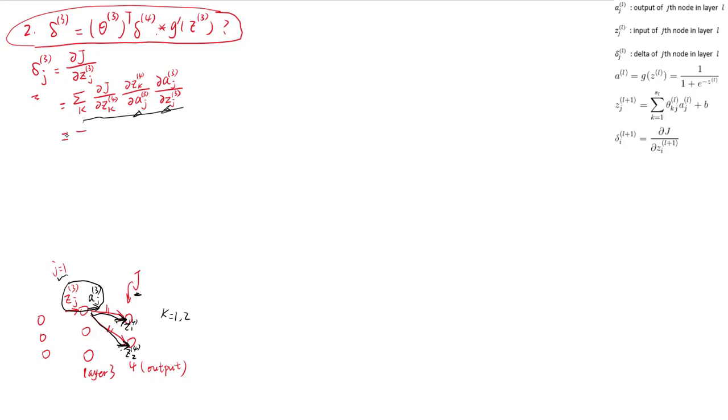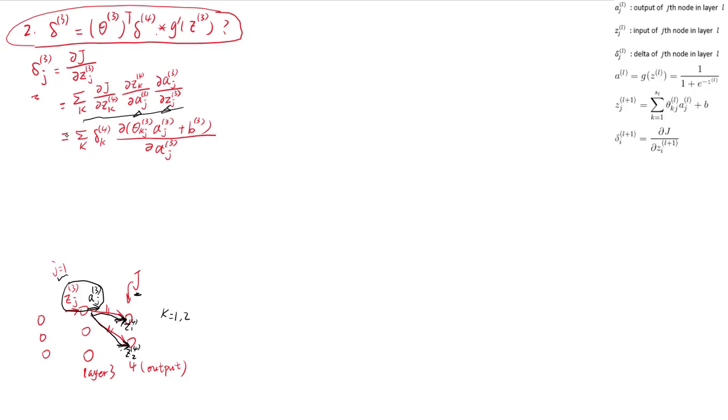So this can be written as the summation over k of partial J over partial z4k, which is delta 4k. And since z can be written as theta times a plus b, we can write z out as partial of theta kj in layer 3 times a3j plus the bias term in layer 3, divided by partial a3j.